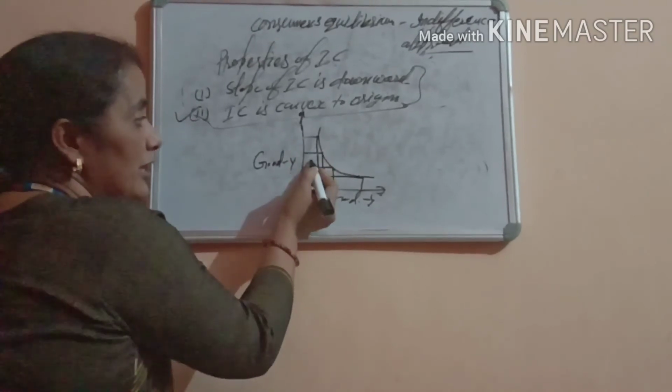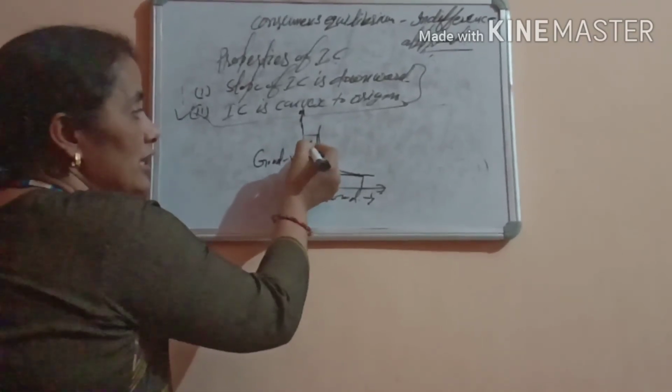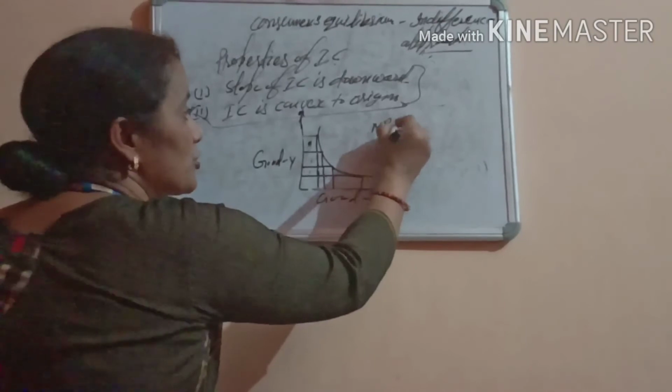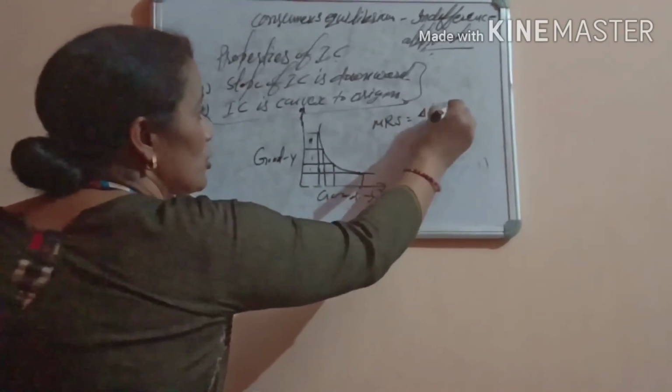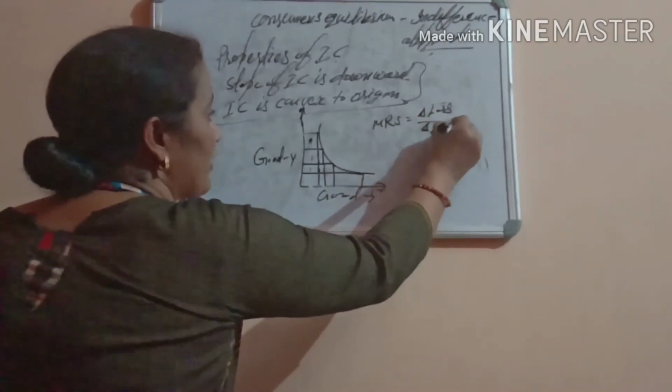It means ये जो rate है ये continuously, क्योंकि जो marginal rate of substitution है it is the change in loss upon change in gain को define करती है.